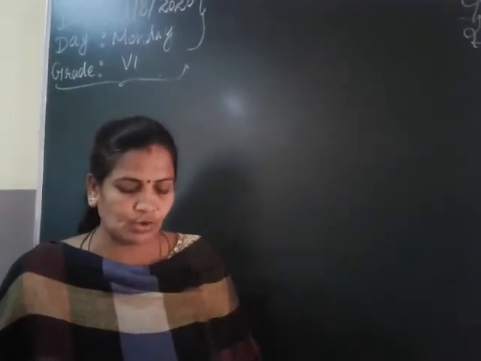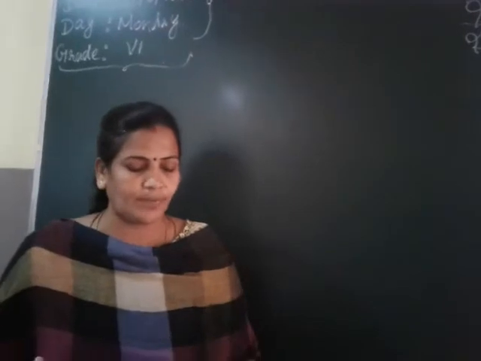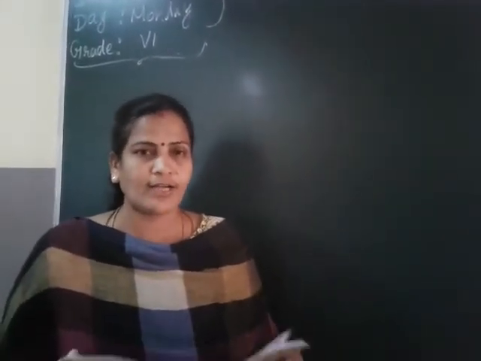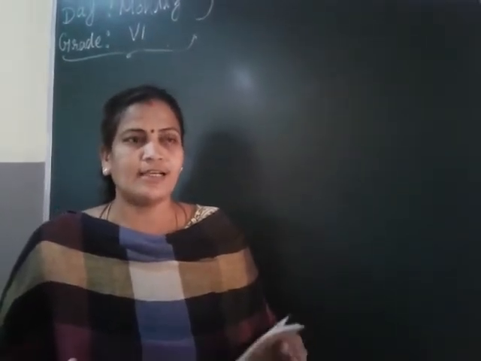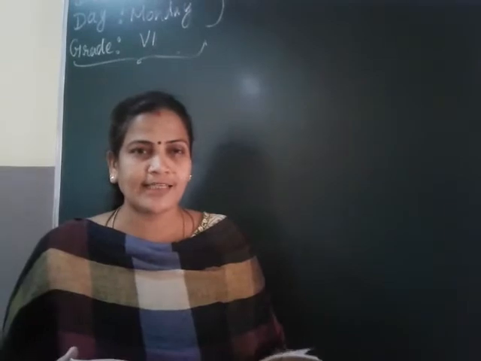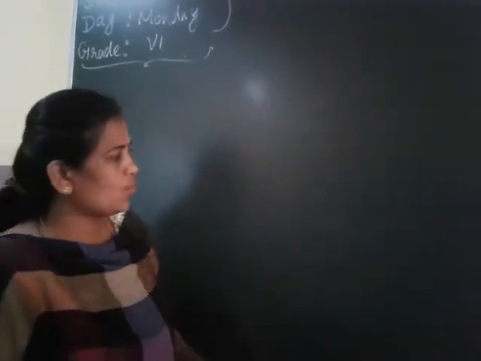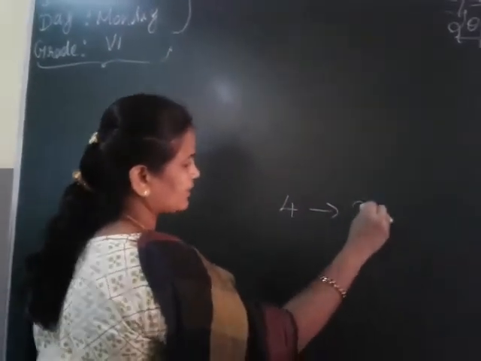Okay children. Today in class we are going to talk about a new topic, common factors and common multiples. So what are factors? A factor is a number that divides another number exactly. For example, 4 is a factor of 8.